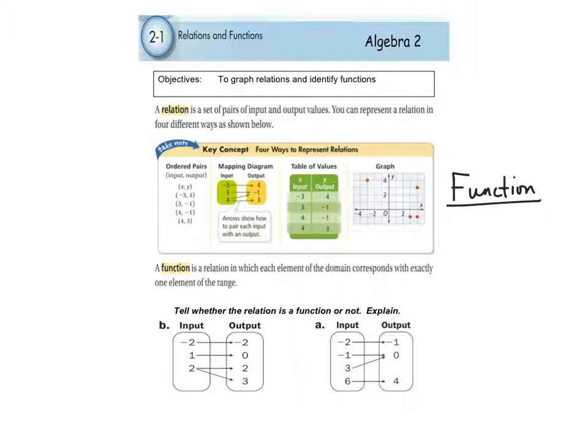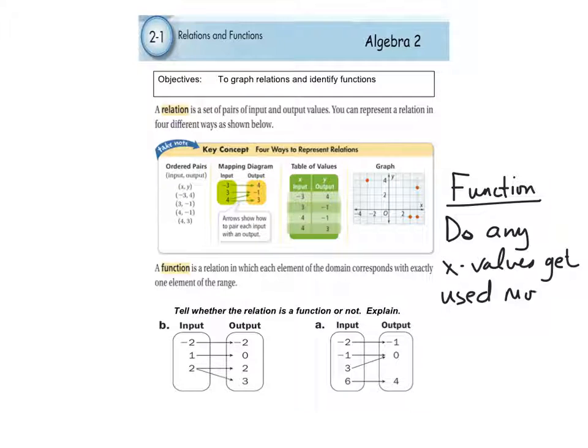you're going to ask the question, do any x values get used more than once? That's the question we're going to ask.